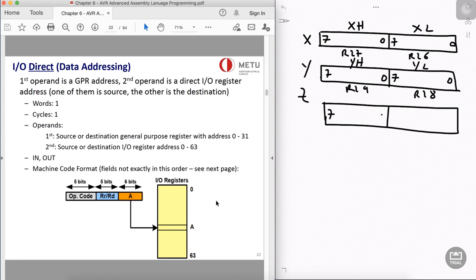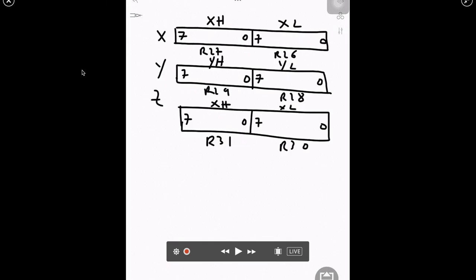That's also 7 down to 0. This is known as Z high and Z low. So R31 and R30 are the two GPRs that we are using for register Z. So how are they actually forming the address?